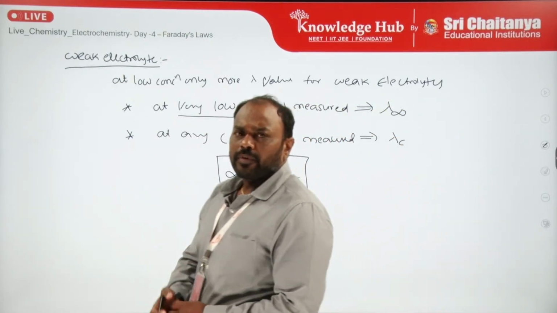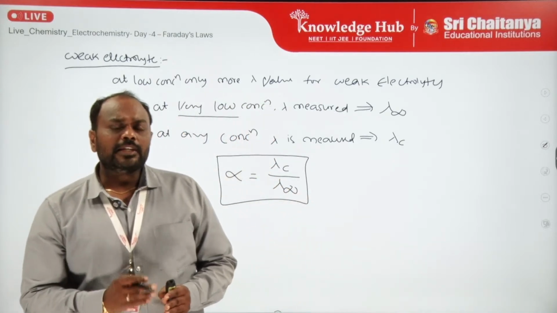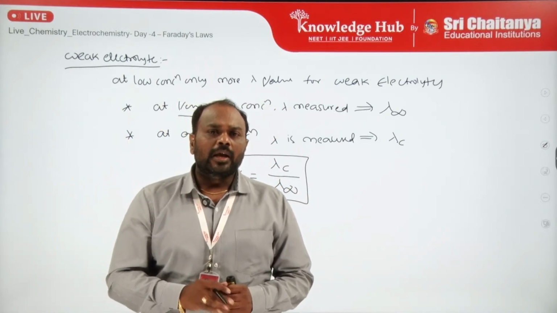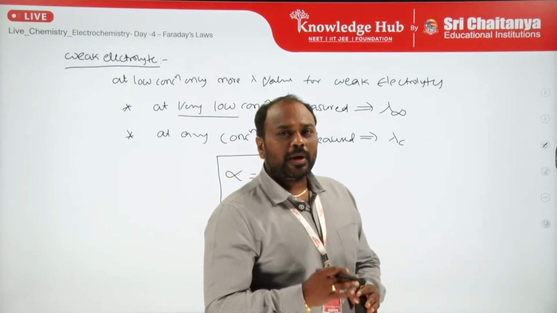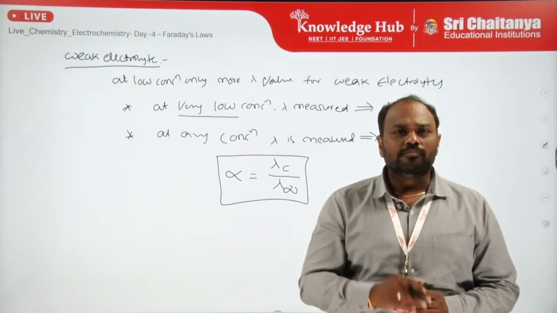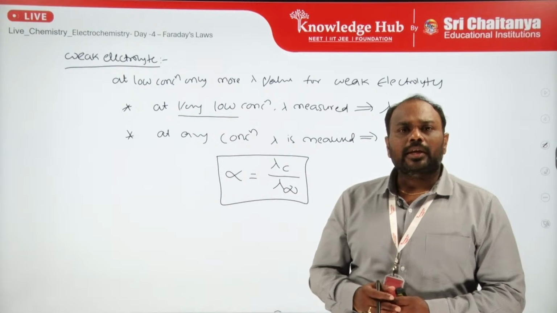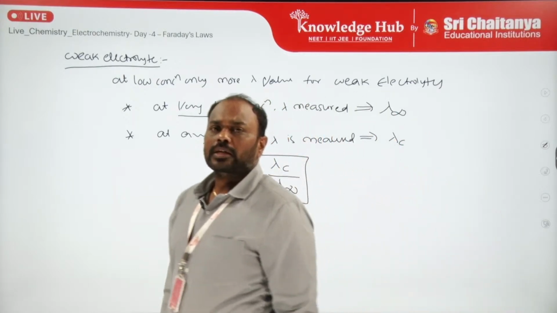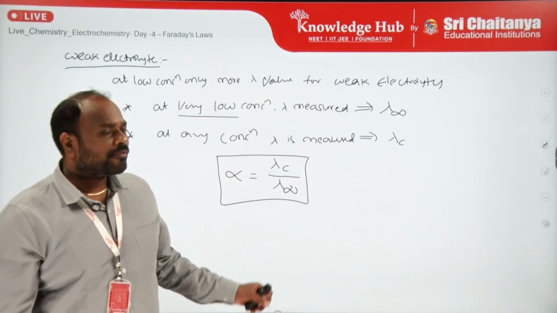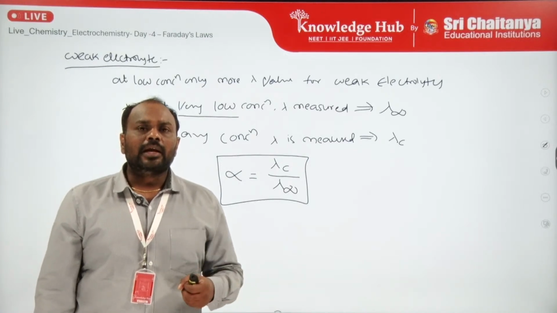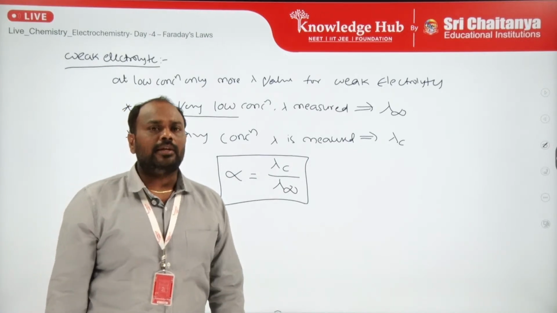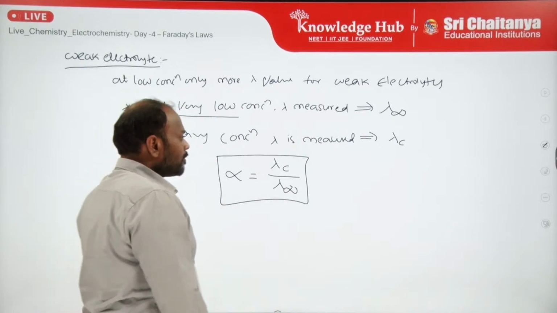But for weak electrolytes, conductivity is more at infinite dilution, but the measured values are very low. So how do we calculate it? By using Kohlrausch law, we calculate the equivalent conductance of weak electrolytes. So the Kohlrausch law we are going to discuss now.